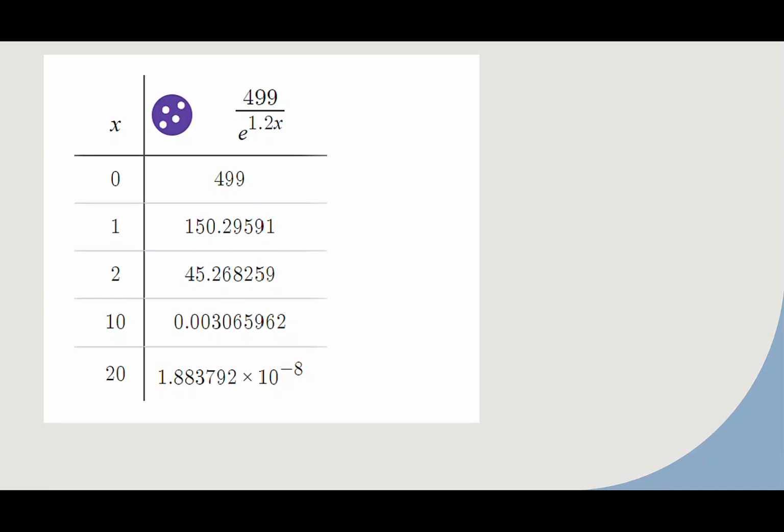So at 0, we can see it's 499. At 1, it dropped to 150. At 2, it's 45. At 10, it's 0.003. And at 20, I get 1.88 times 10 to the negative 8, which basically says our value is 0. So this little piece of the function is getting smaller and smaller.